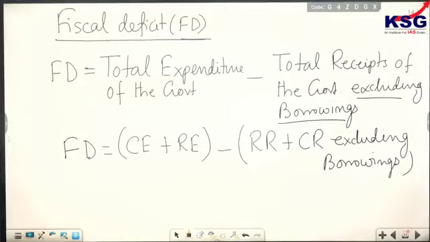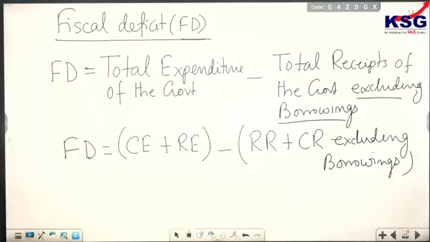fiscal deficit gives or represents the overall borrowing requirements of the government over a given fiscal year. Okay, full stop, right?